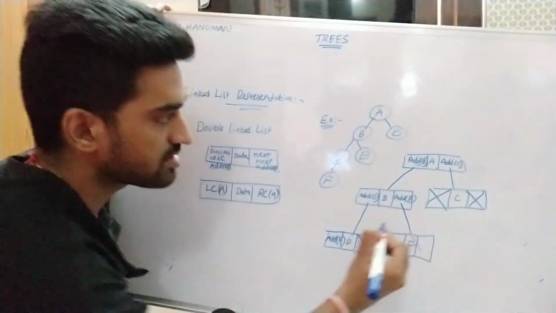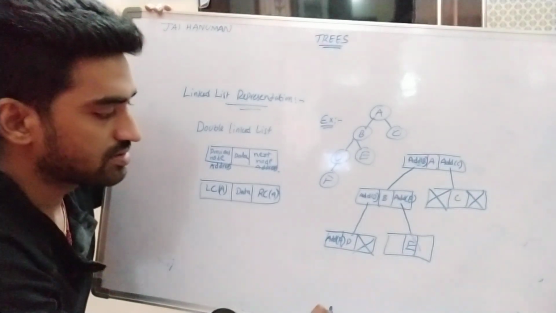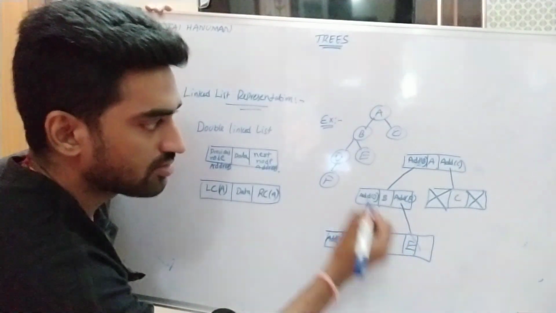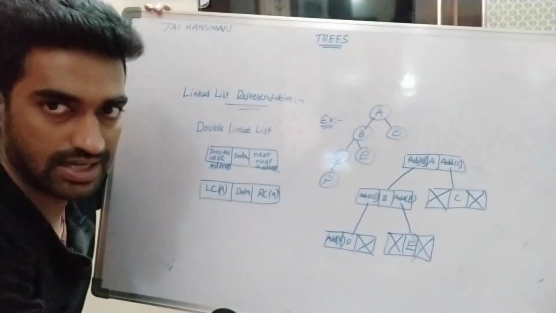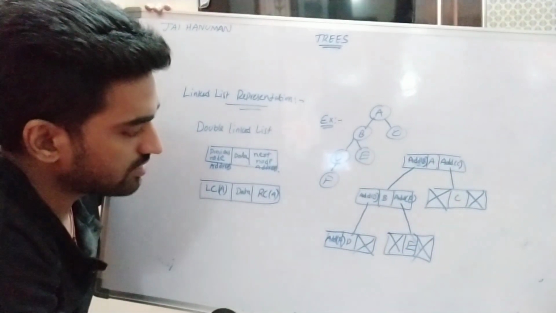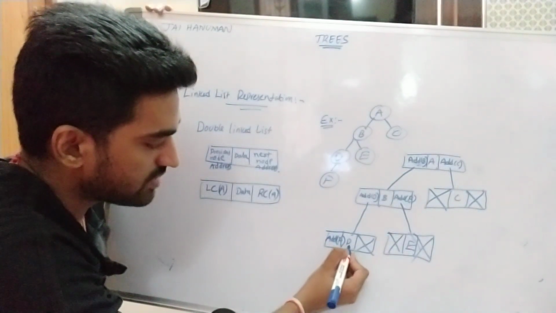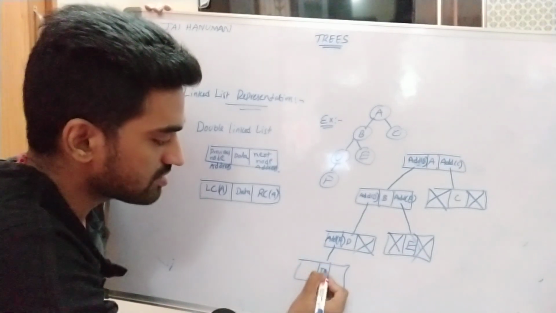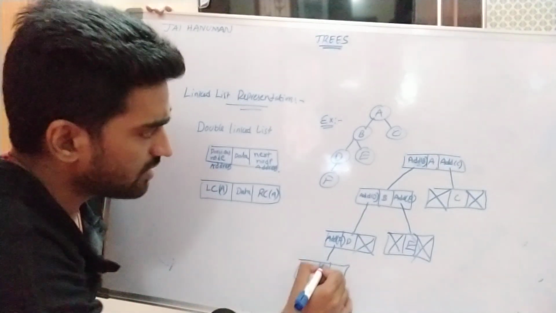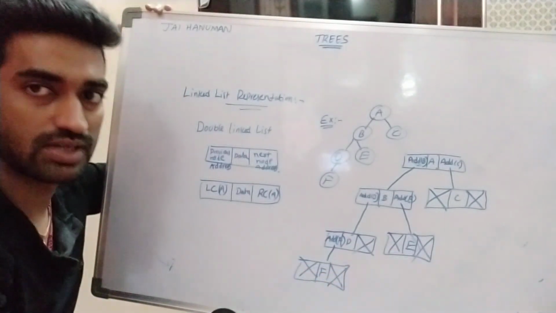Here I represent node E. It has no possible left or right children, so I place null values. Then I represent one more node, F, which is the left child of D. F does not contain any left or right children, so we place null.